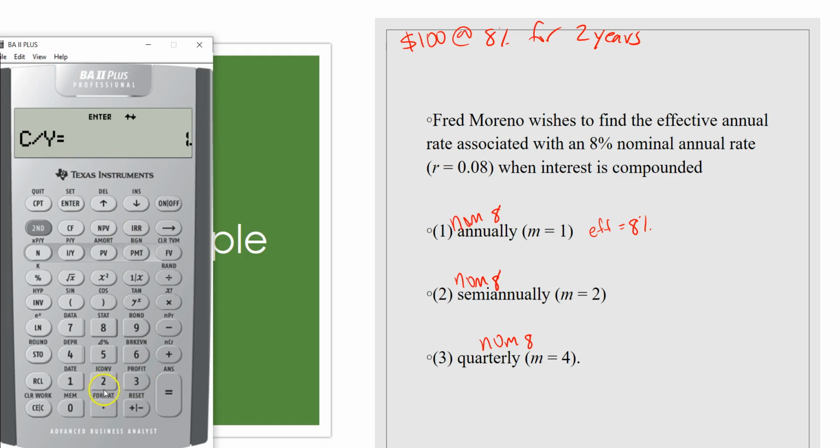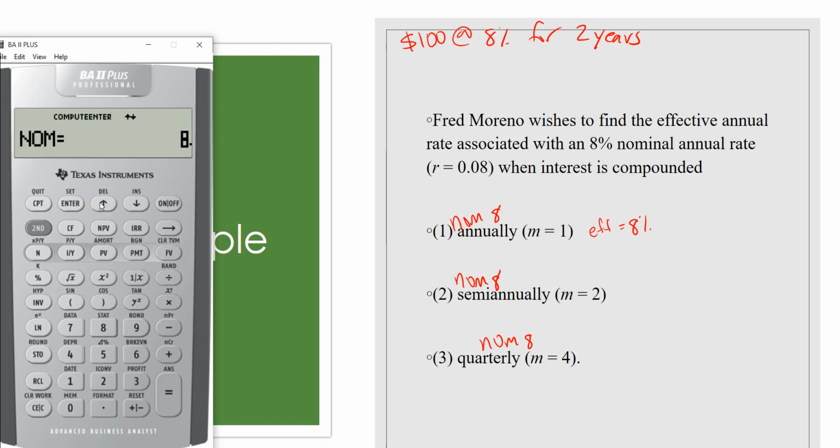And I did not push enter to save that. So 2, enter, to save, scroll up, and then compute. And we get 8.16%. So we're actually earning more than 8%, which goes hand in hand with what we had found where Fred actually had more than the 116.64 if we increase compounding frequency.